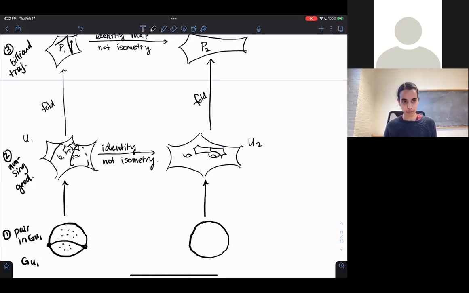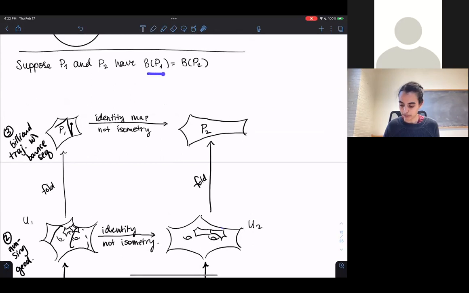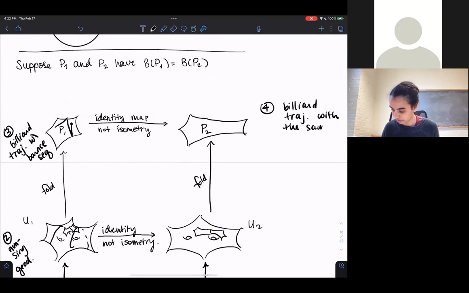That has some bounce sequence. Because BP1 equals BP2, there must be a billiard trajectory here with the same bounce sequence. Okay.